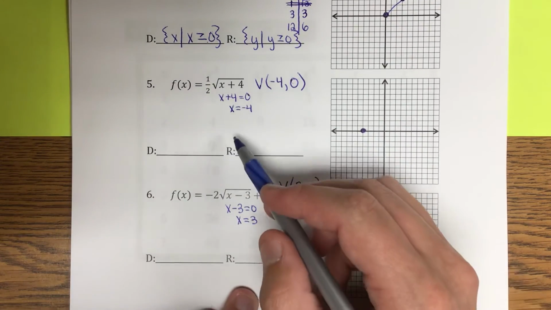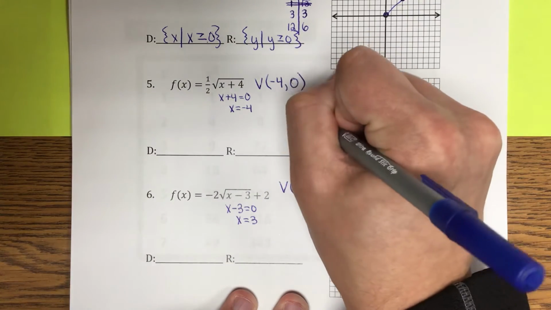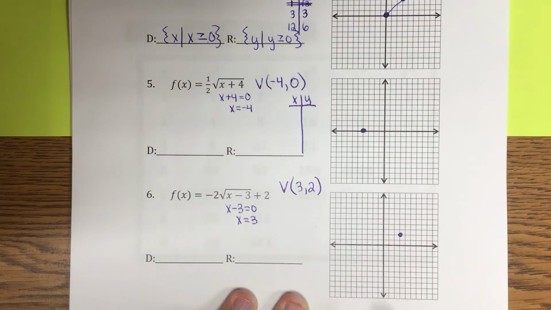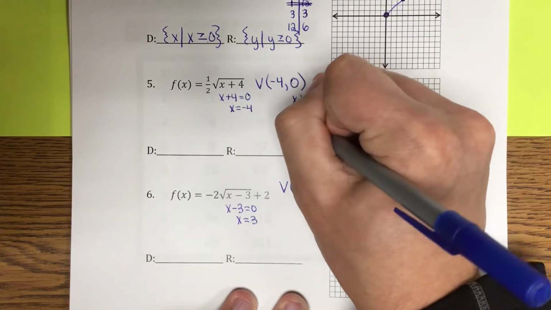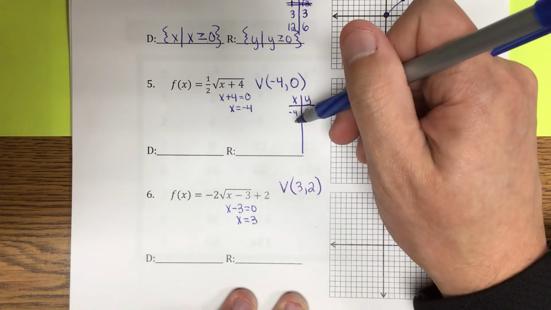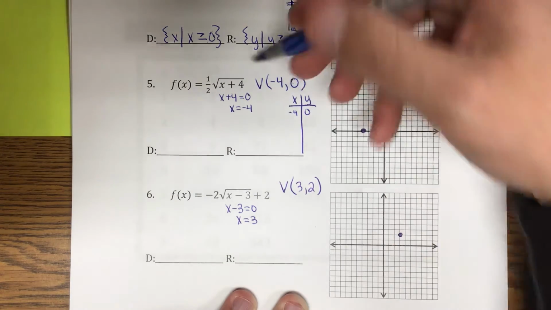All right, so for problem number 5, kind of same thing. I would need to make an xy table here. And we know for certain that -4, 0 is a point on this graph. But I don't want to write down any other x values until I find one that works out to be a perfect square.